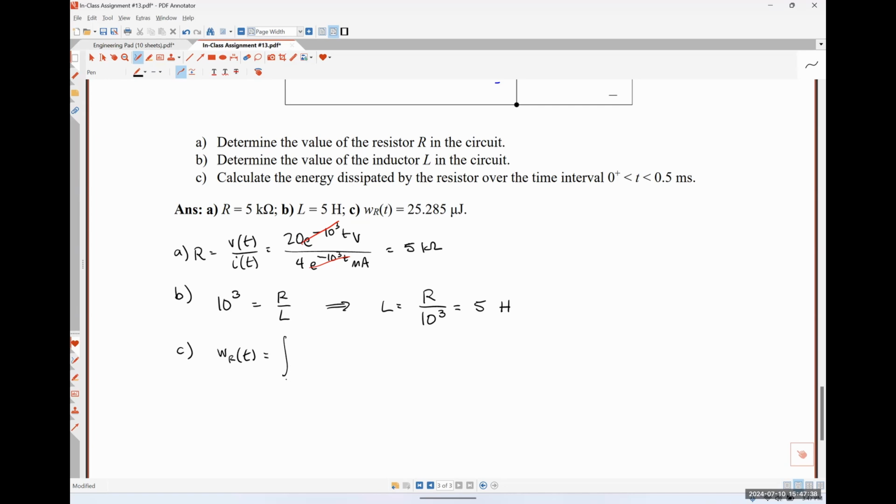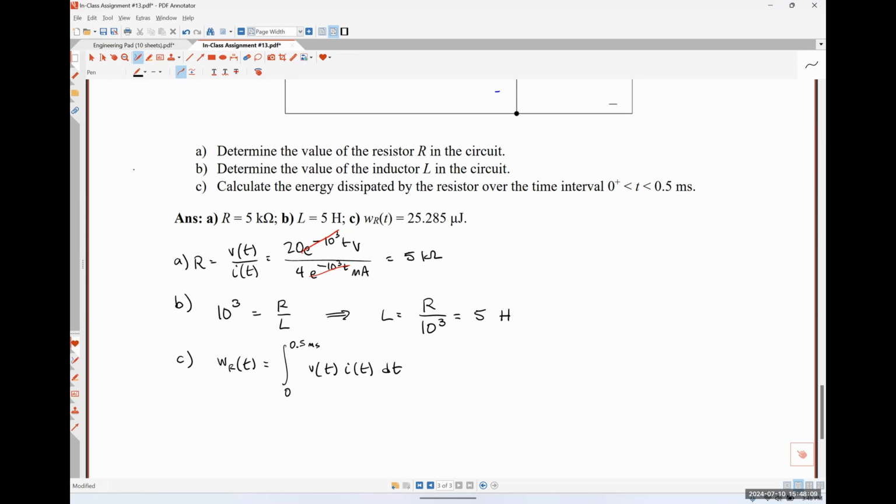So we could have the integral from 0 to 0.5 milliseconds of the product of v(t) and i(t) with respect to time. There is nothing remotely wrong with doing this, okay? Other than it involves calculus and I am lazy.